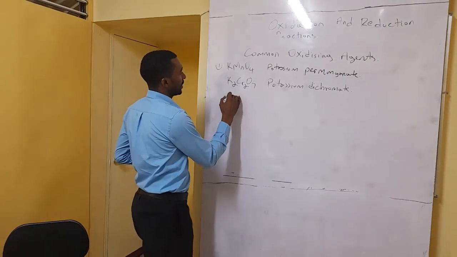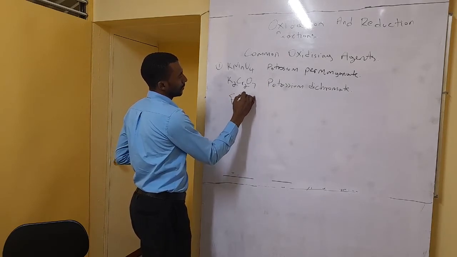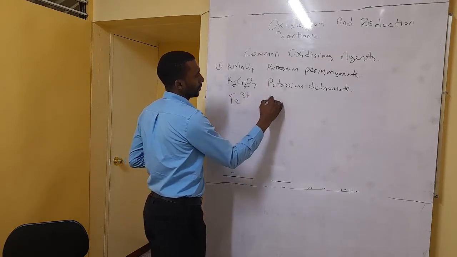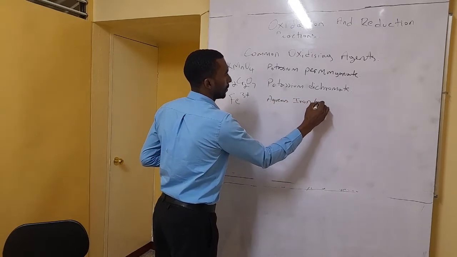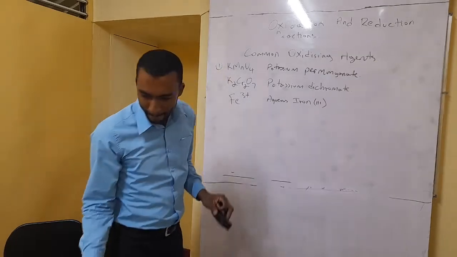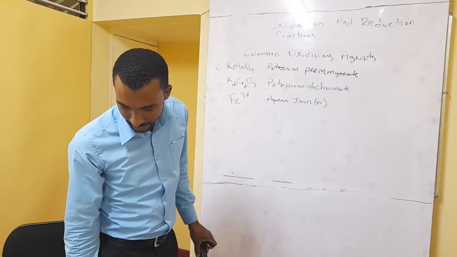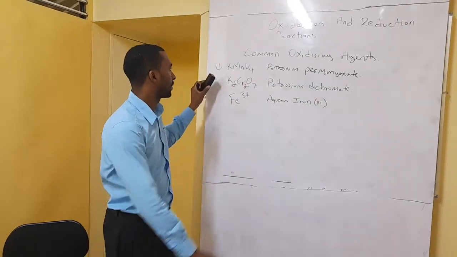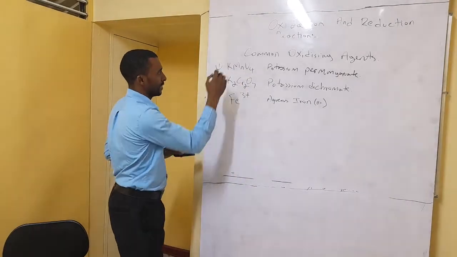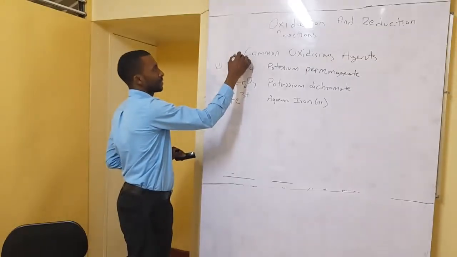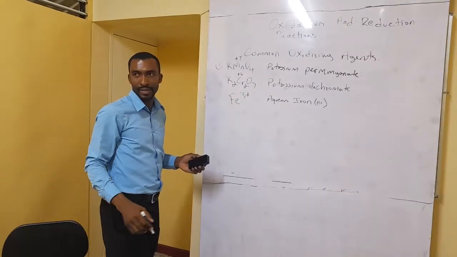Iron 3, aqueous iron 3. Alright, let's just use these 3. So normally the oxidation state for manganese here is +7, for chromium is +6, and this is Fe3+, alright?